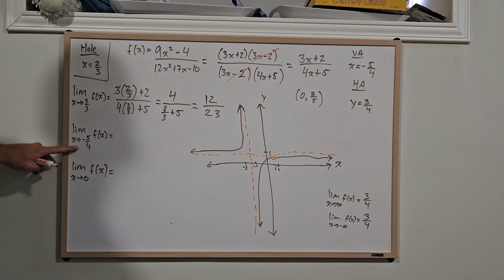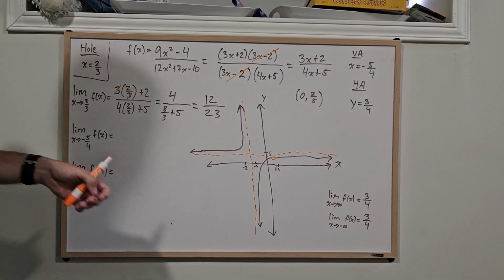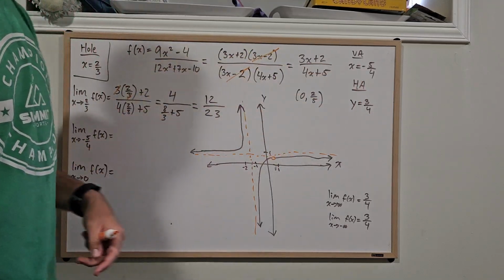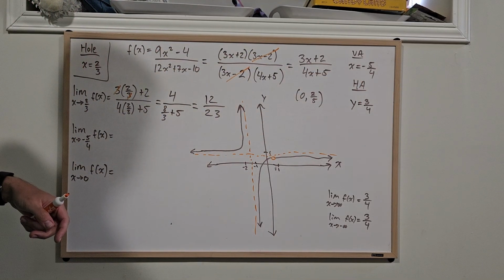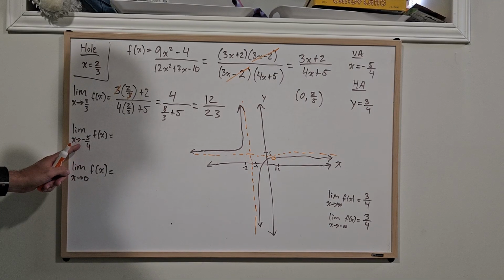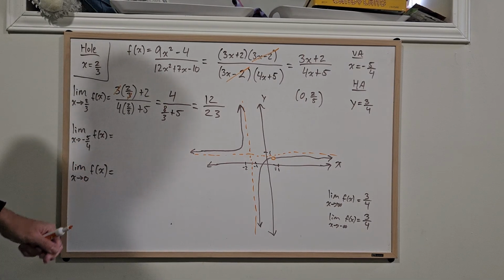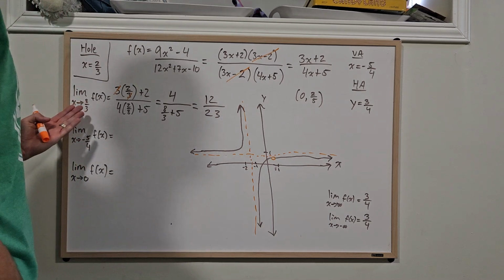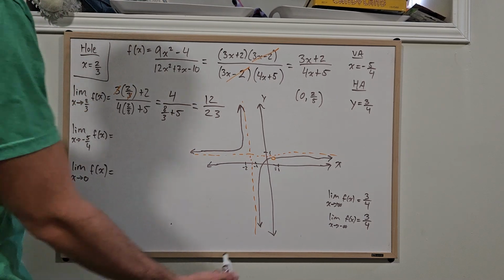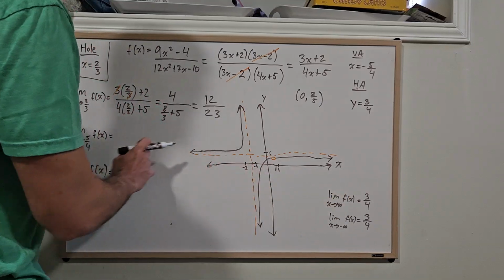So here, the limit as x approaches negative 5 over 4 of f of x. Well, negative 5 over 4 is our vertical asymptote. So let's see. As x approaches negative 5 over 4, same rule that we used up here. The limit has to be the same coming from the right side as it is from the left side.